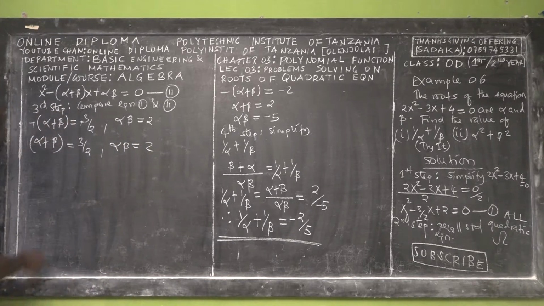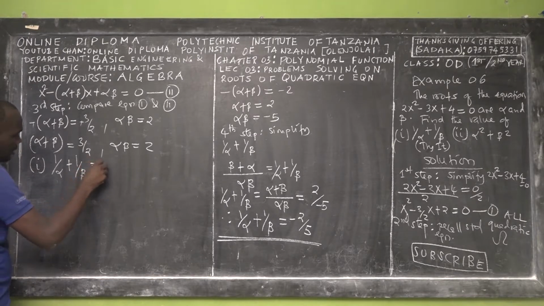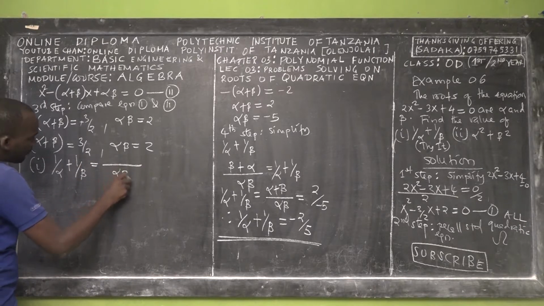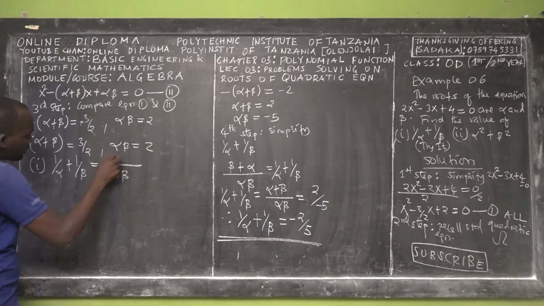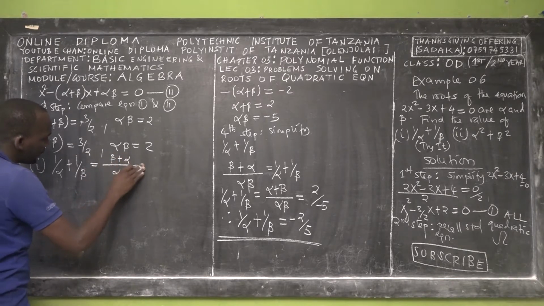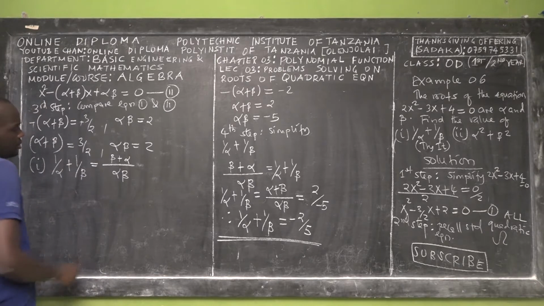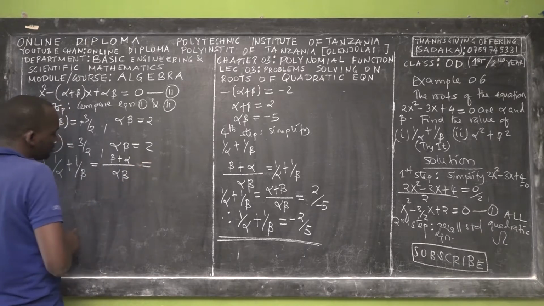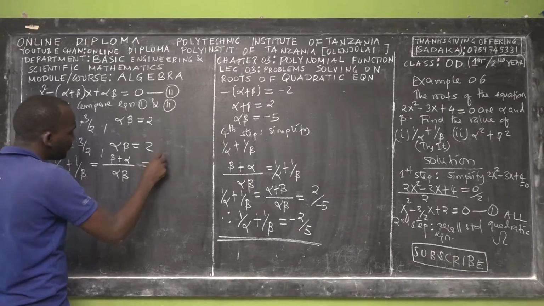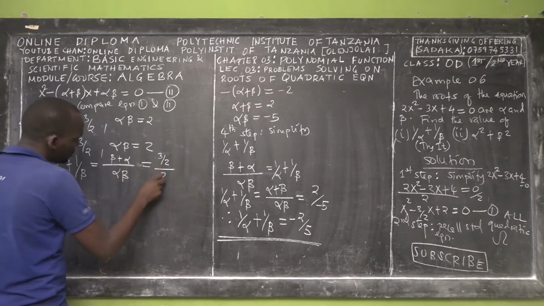So then we have Roman 1, the one that I asked you to try in example 5. It is 1 over alpha plus 1 over beta. If you find a common denominator, this is alpha plus beta over alpha times beta. The sum of the roots is 3 over 2, and the product of the roots is 2.